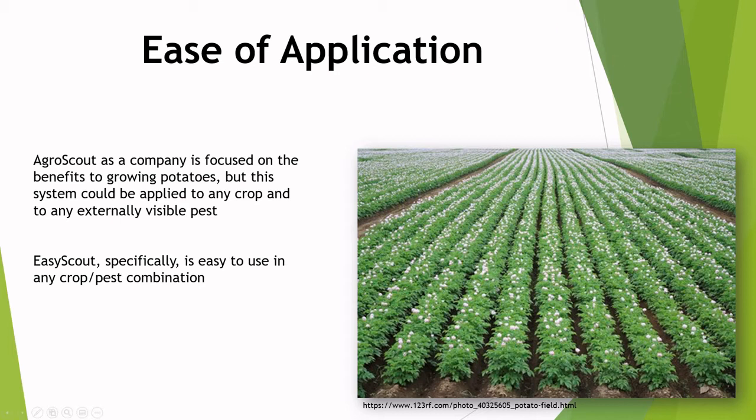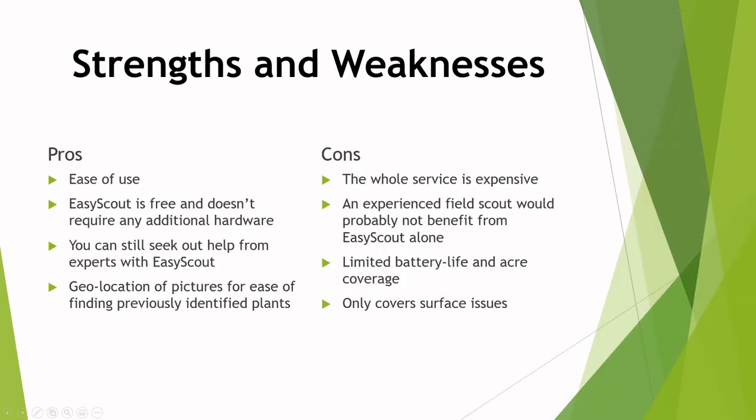So for the strengths and weaknesses, I do think the biggest pro is that it's easy to use. It downloads really quick. It's not hard to figure out Easy Scout, and it can be applied to virtually any crop and pest combination. It doesn't require any additional hardware.